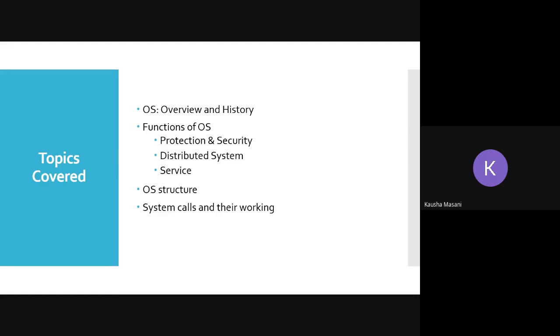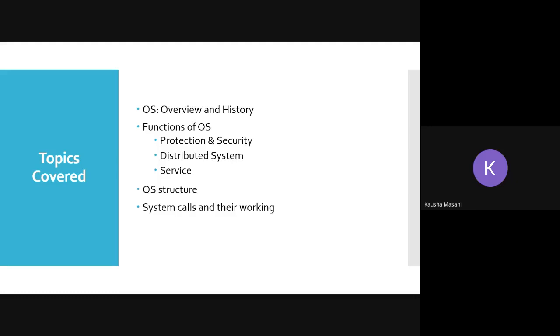You can structure them into these three categories, though there are a variety of structures, but this is how you can ideally classify the functions of OS. So that is another topic that you are going to see in this chapter. After completing that, we are going to see what your OS structure looks like.